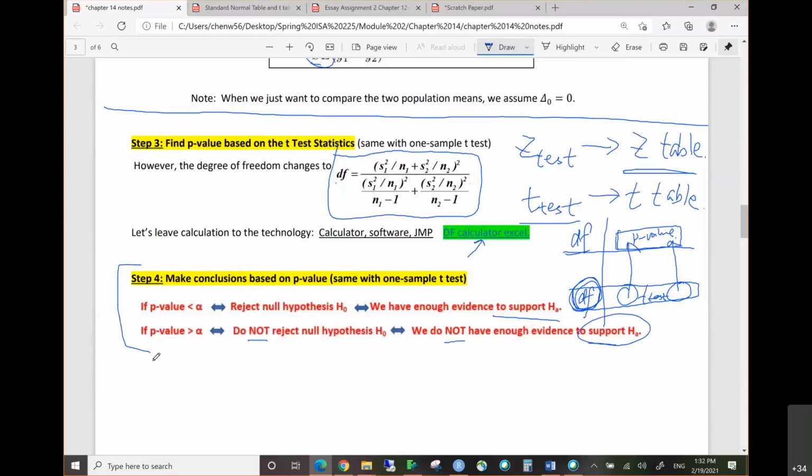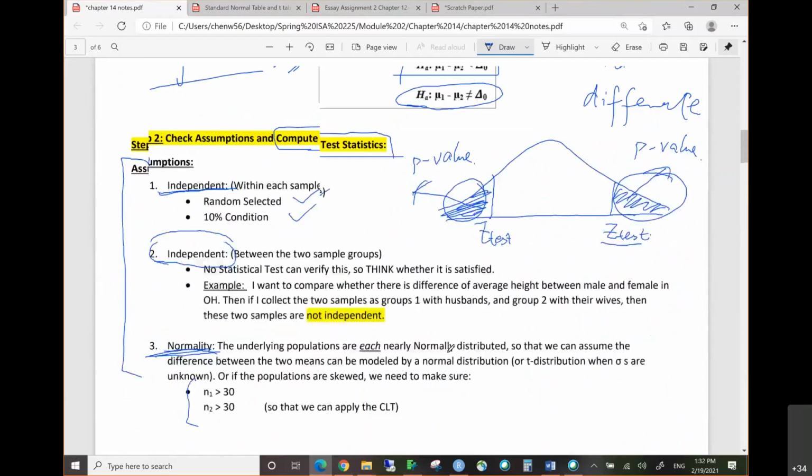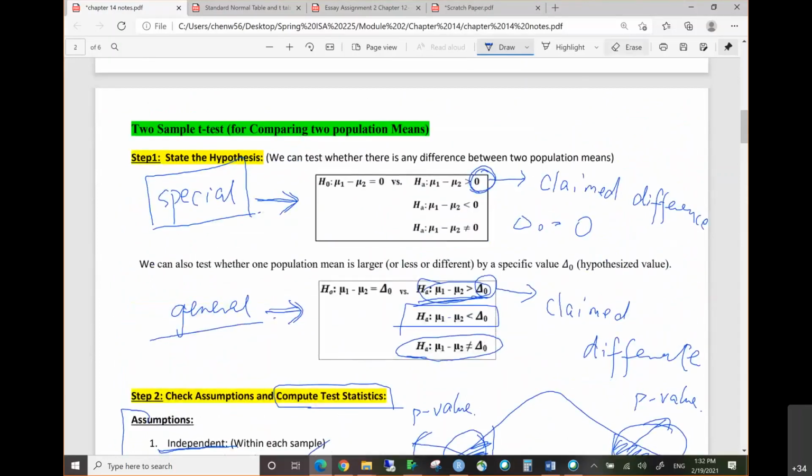Right? So this is about the hypothesis testing about our claimed difference. That means before this hypothesis, we have our own idea about this difference, right? I think mu1 should be larger than mu2 by 10 pounds, right?